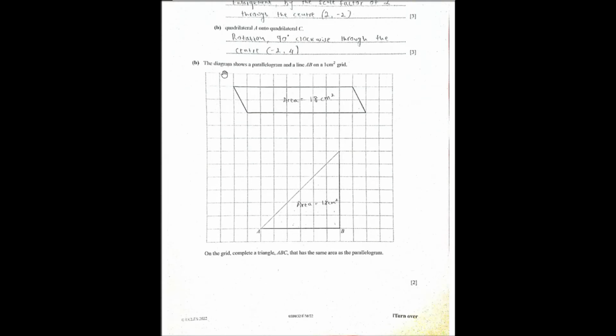3b. The diagram shows a parallelogram and a line AB on a 1 cm² grid. On the grid, complete a triangle ABC that has the same area as the parallelogram. These two here make up one box because we have one empty part here. This empty part is actually being included here.